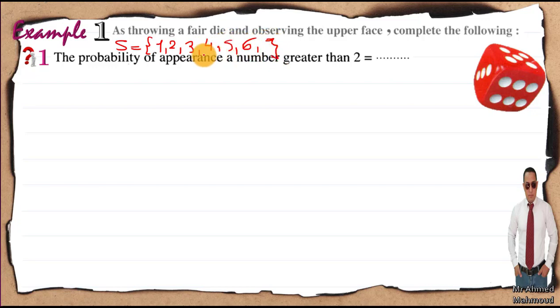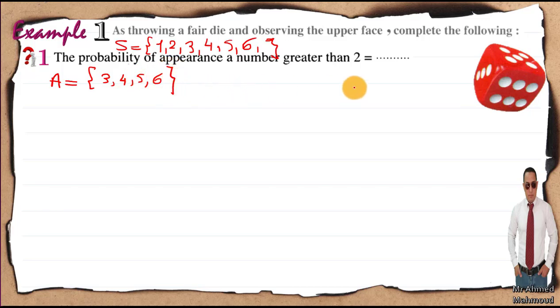For the appearance of a number greater than 2, I'm going to call the first event A. So A equals the set of numbers greater than 2, so it is 3, 4, 5, and 6.